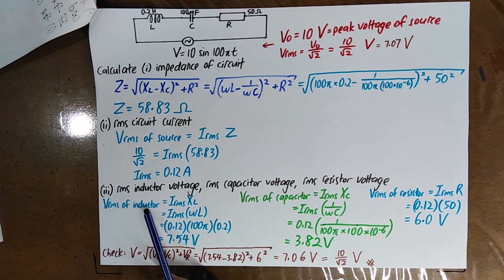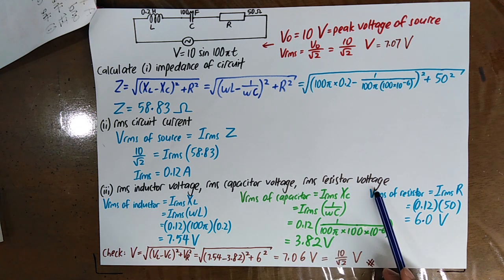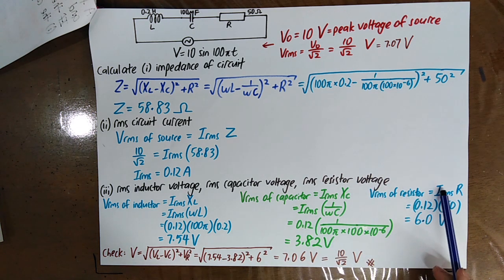Vrms across the inductor equals Irms times the reactance of the inductor. For the capacitor, it is the root mean square current times the reactance of the capacitor. Then for the resistor, it is Irms times the resistance.